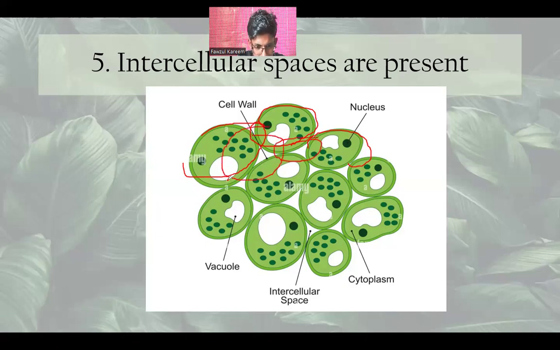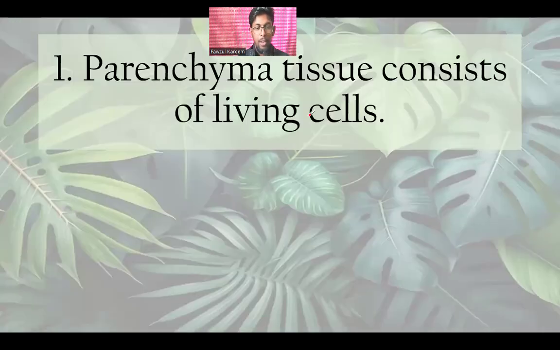Those gaps that can be seen between the cells are called intercellular spaces. There are gaps between the cells. So these gaps are called intercellular spaces.